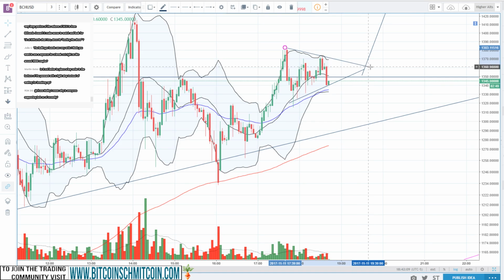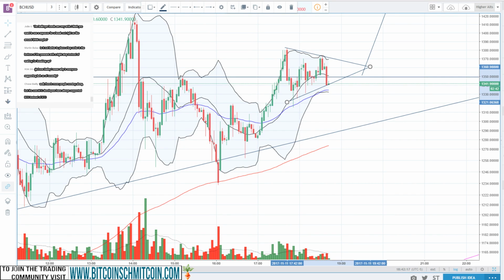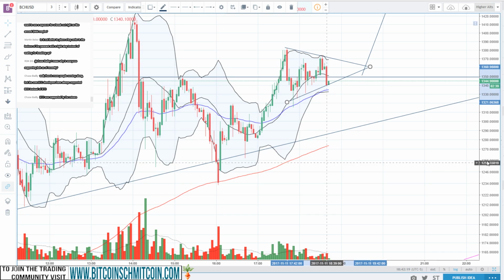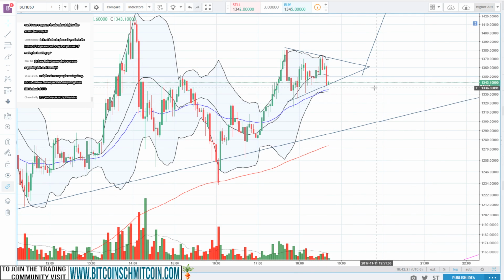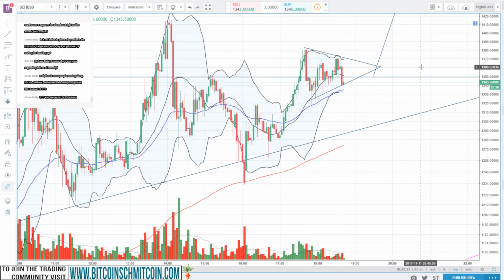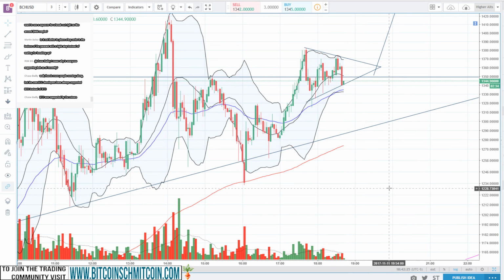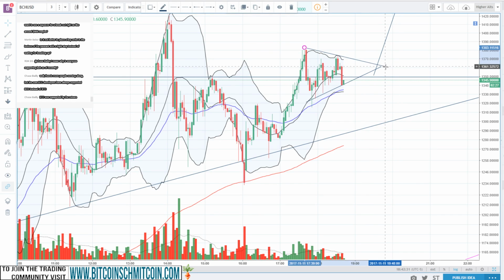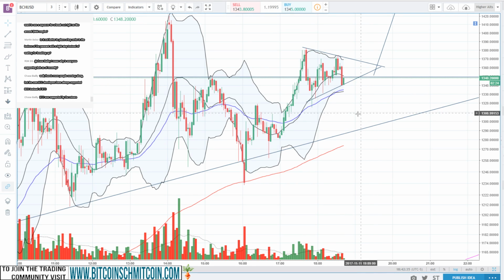Get that there, something like that. Sometimes things just need a little bit longer to consolidate. Nothing wrong with that.